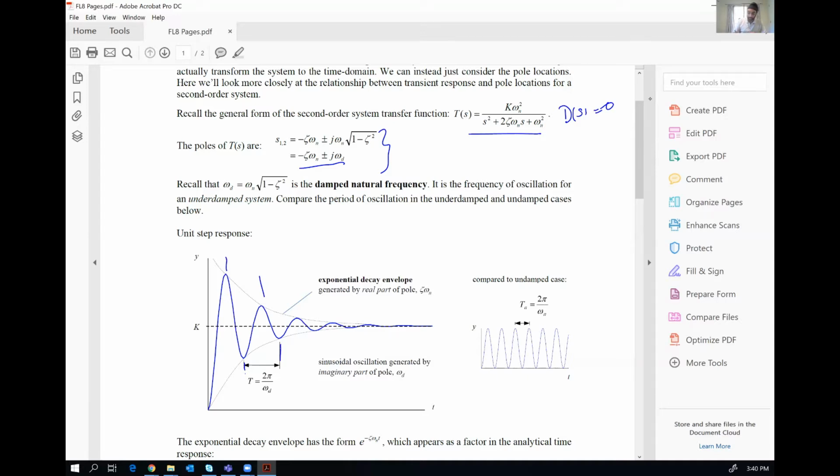This is in contrast to assuming that there is no damping. If the damping factor is equal to 0, then these oscillations are not going to decay, and the time period of these oscillations is going to be related to the natural frequency. So it is 2 pi divided by omega n. Both omega n and omega d have the units of radians per second.